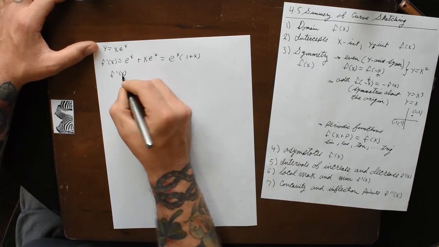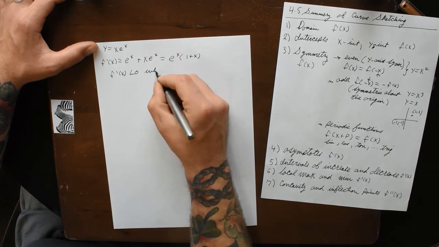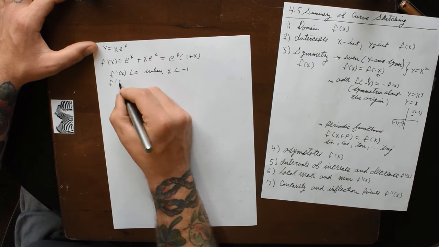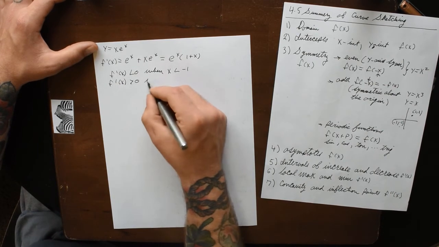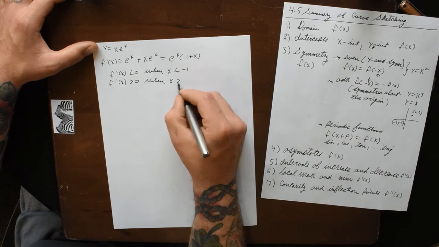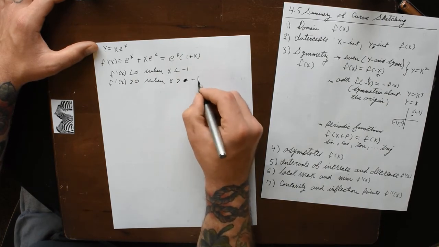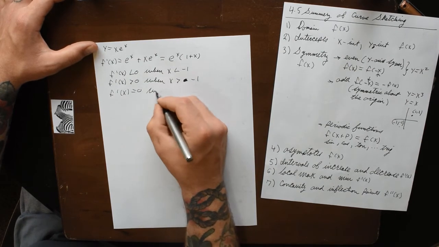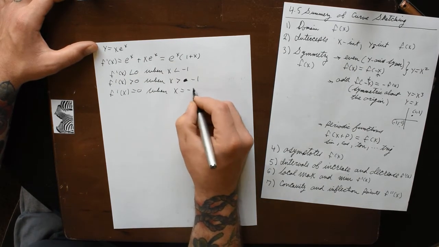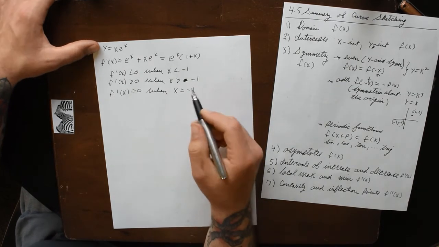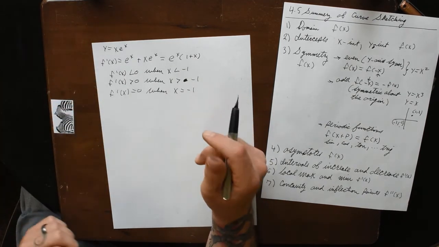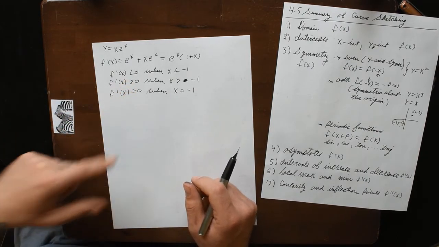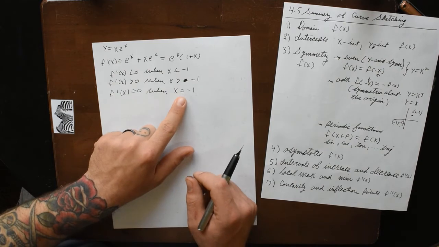F prime of x is less than 0 when x is less than negative 1. F prime of x is bigger than 0 when x is bigger than negative 1. And f prime of x equals 0 when x equals negative 1. So since we are decreasing and then we are increasing, this tells me that we have a local minimum.